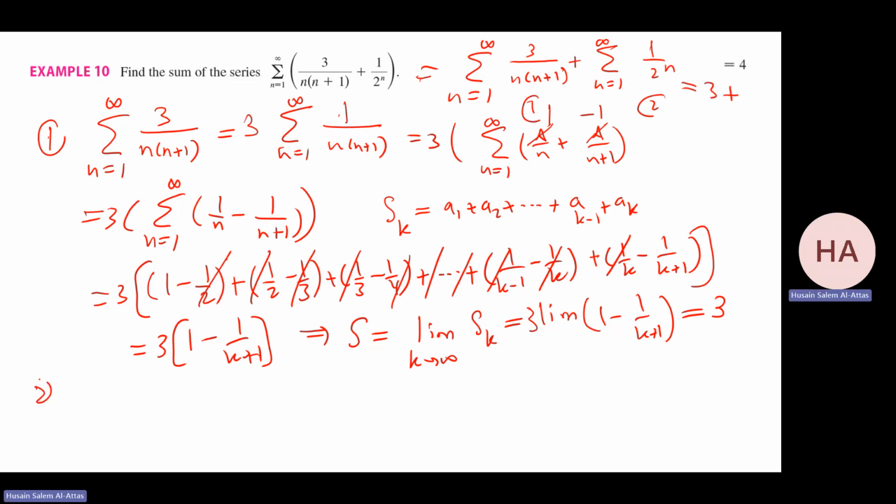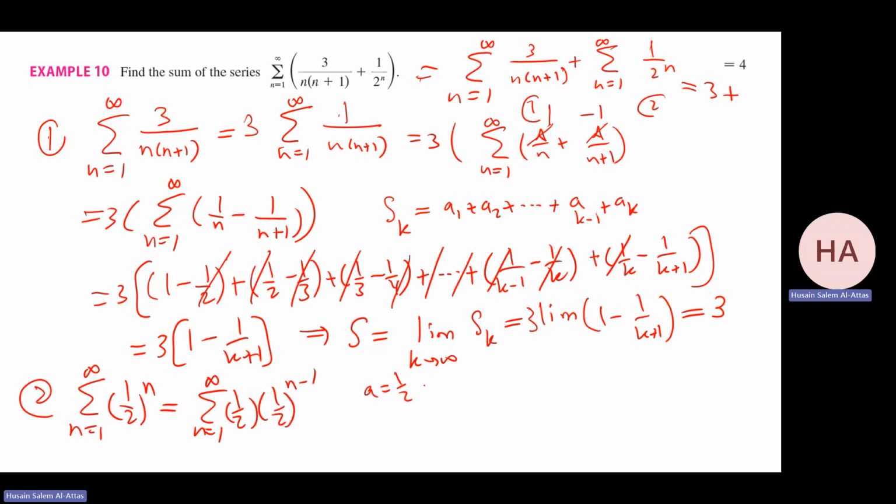Now the second one, summation n equals 1 to infinity of half to the power n, which I can write as summation n equals 1 to infinity, taking half to the power n minus 1 to make it in the form. So a equals half, and r is equal to half. So it converges, and s will be a over 1 minus r, which is half over half, which is 1.